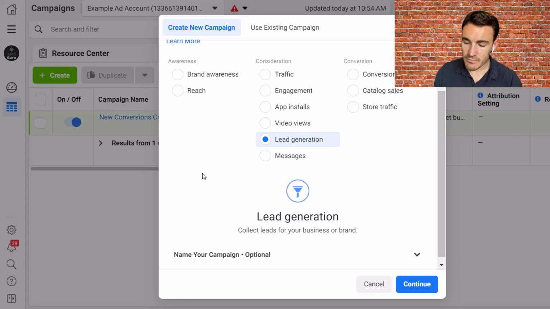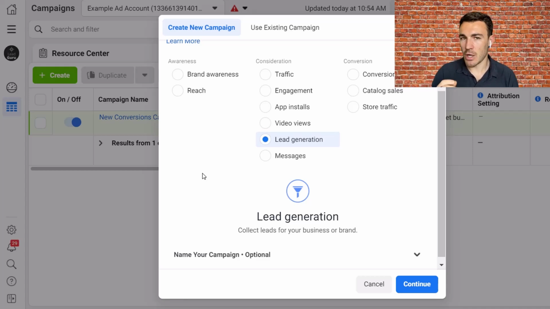Okay, so the first thing I would say is that when you're running a lead generation campaign, you want to ask for people's phone number. Most businesses that are looking to generate leads are going to be service providers or perhaps bespoke product providers, or there's some sort of interaction that you're likely to have with your prospects before they go on to become a customer. Asking for a phone number is going to make it much easier for you to contact people after they submit their information.